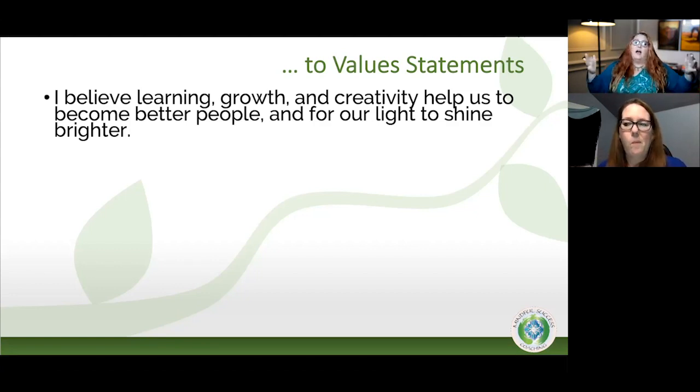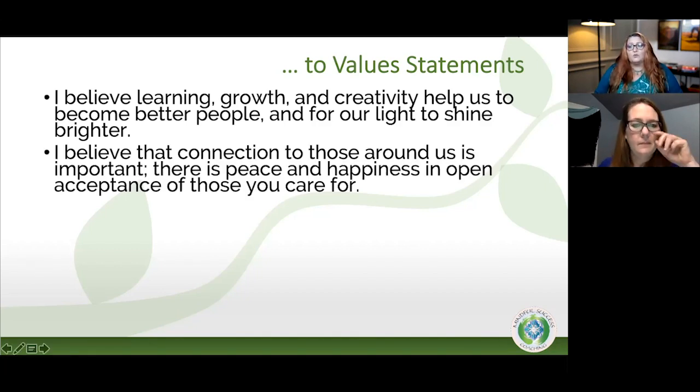I believe learning, growth, and creativity help us become better people and for our light to shine brighter. That is how I have identified my learning value. And for connection, I believe that connection to those around us is important. There is peace and happiness in open acceptance of those we care for.